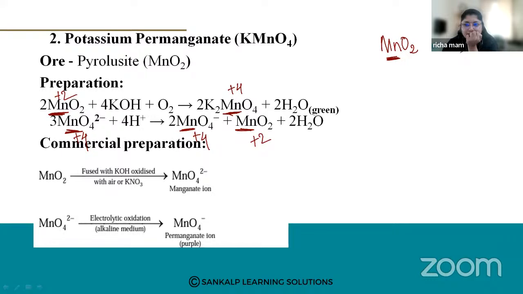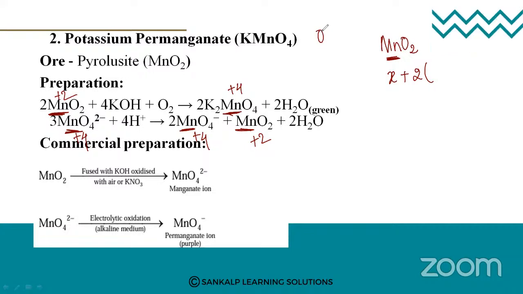Okay, fine, I'll tell you. MnO2. We have to find the oxidation state for Mn, so keep it as X plus oxygens. How many oxygens are there? 2. What is the charge of each oxygen? -2, yes, very good.